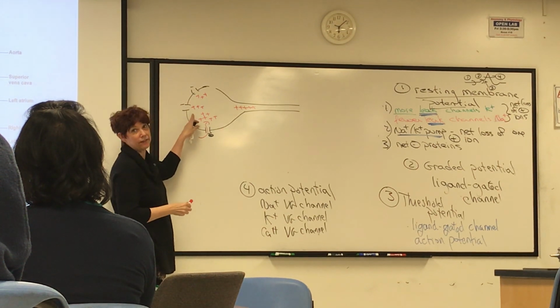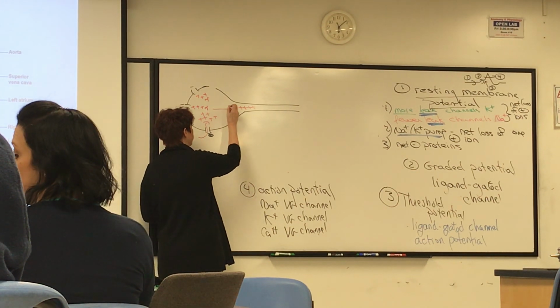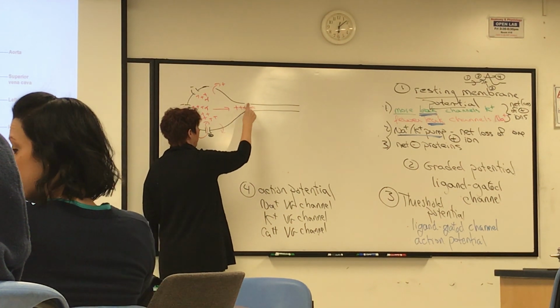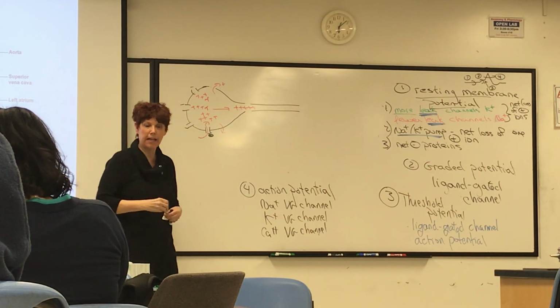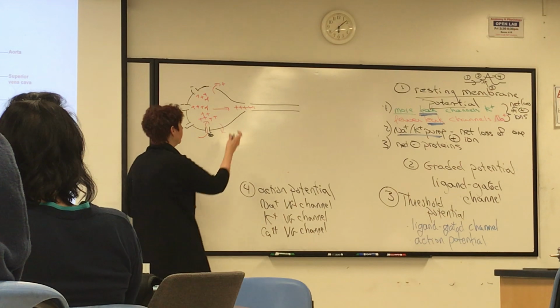In fact, we may get negative ions coming in, chloride ions coming in. But if we have enough coming here, then that current flowing by our voltage-gated sodium channels will be enough to open them, okay?